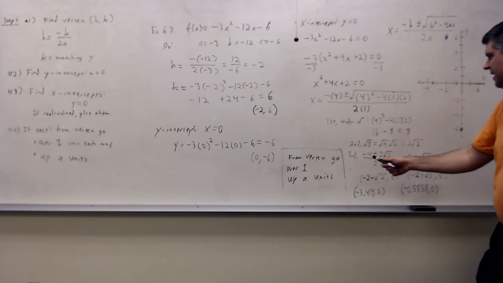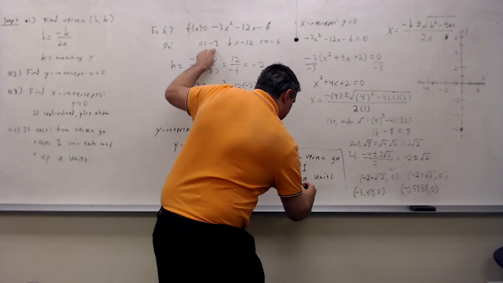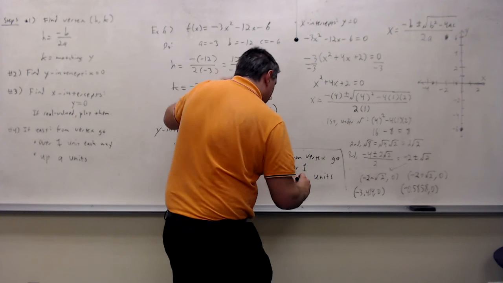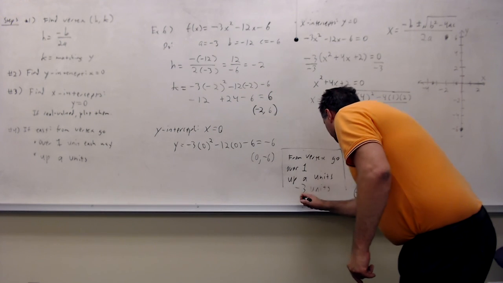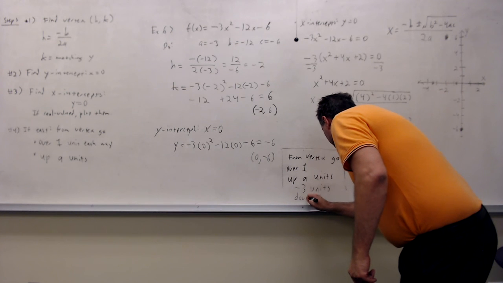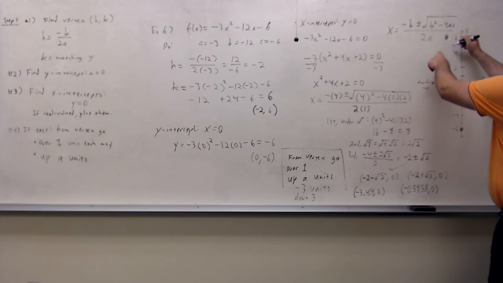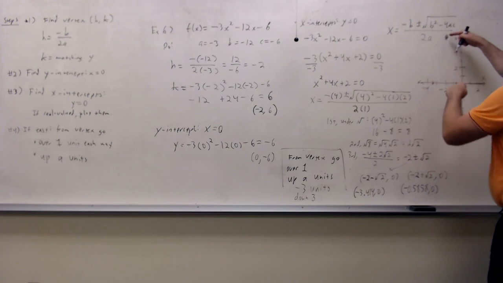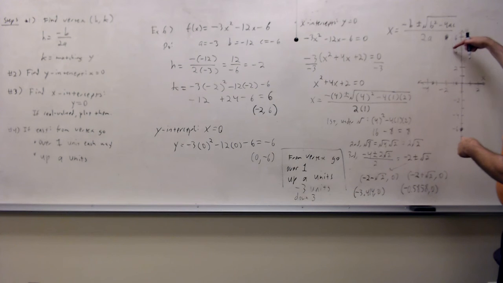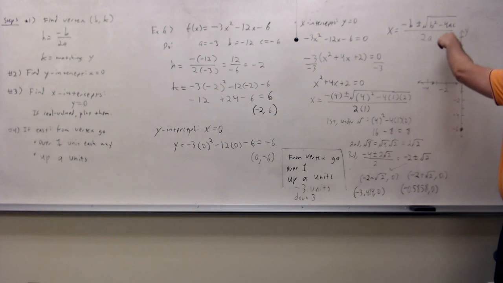Now, from the vertex, we're going to go over 1 and up a units. a is negative 3. So down 3. So from the vertex, I'm going to go over 1, down 3. So over 1, down 3. And then over 1, down 3.